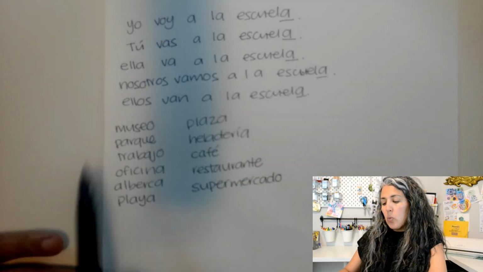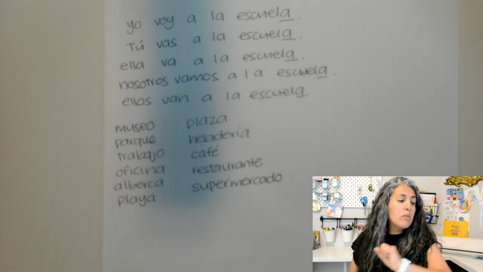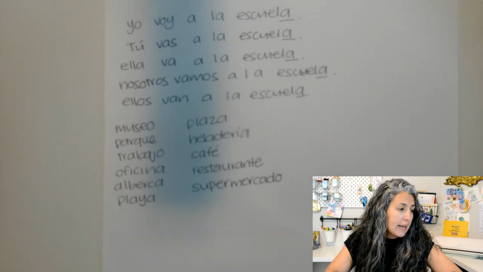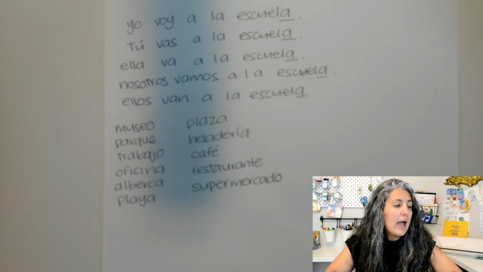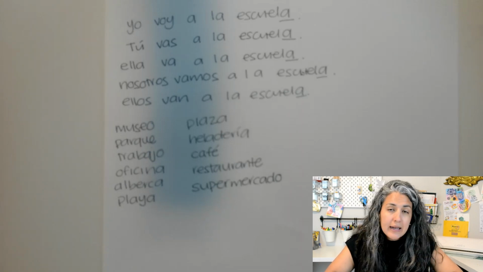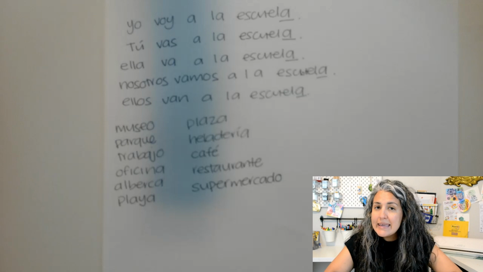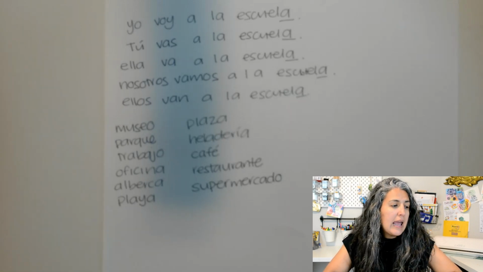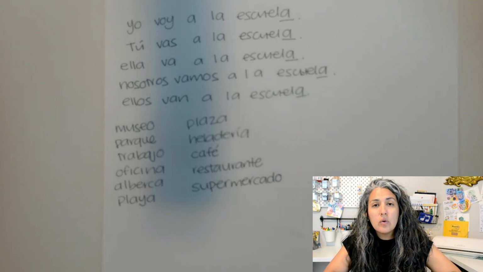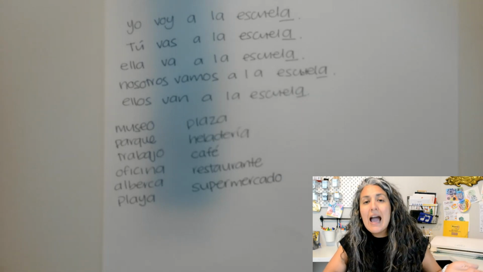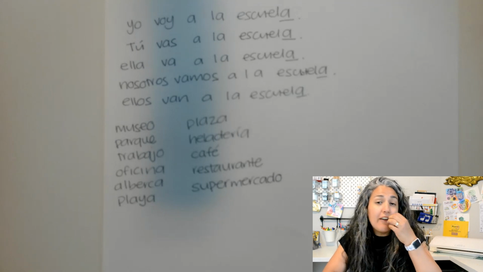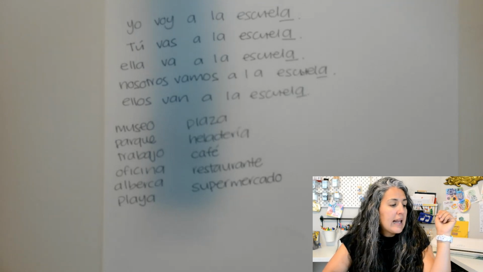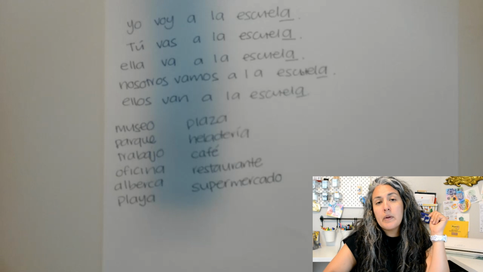So let's work with these several places. Museo, museum, parque, trabajo, oficina, alberca, pool, playa, beach, plaza, the plaza, heladería, the place you go buy an ice cream because helado is ice cream, café, a coffee place, restaurante, a restaurant, y supermercado.